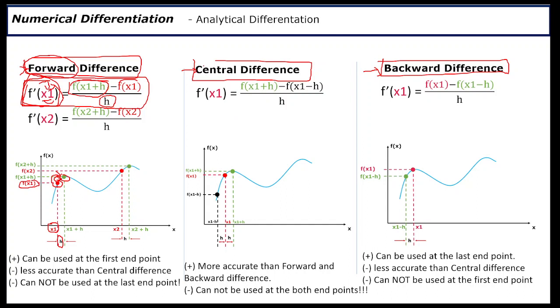The second method is the central difference. Why is it central? If you want to compute the first derivative at x equal to x1, which is the red point here, we need to move forward one step with the step size h to have the green point, and then move backward one step, also with step size h, to have the black point.